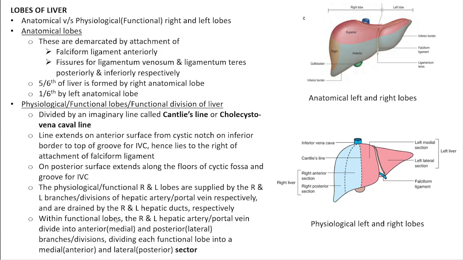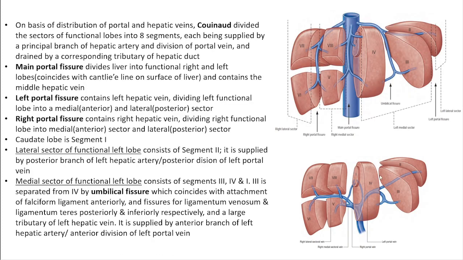We have already done that within the functional lobes, both the right and left hepatic artery or portal vein divide into anterior and posterior divisions, dividing each functional lobe. Suppose the left functional lobe is divided into the lateral sector consisting of only segment 2 and the medial sector consisting of segments 3, 4 and 1. Similarly, the right portal vein as well as the right hepatic artery will divide into an anterior branch and a posterior branch.